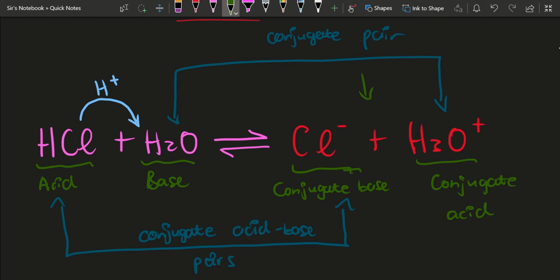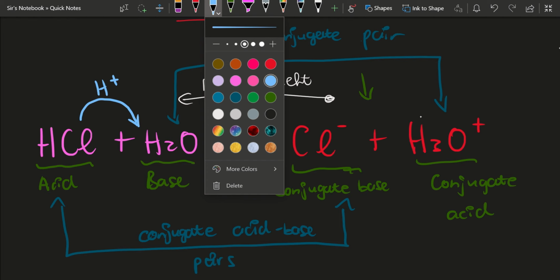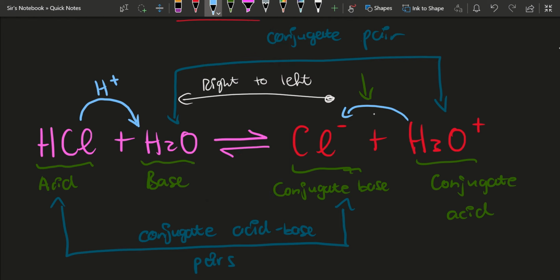So if I read this from right to left, Cl minus is expected to receive a proton. When I start reading it from my products to my reactants, I identify Cl minus as my proton receiver.